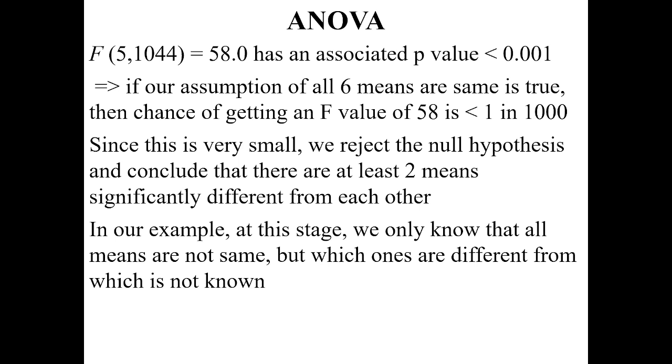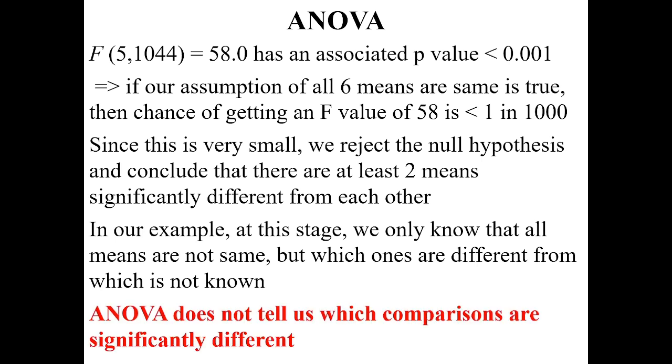So in our example, at this stage, we only know that all means are not the same, but which ones are different from which is not yet known. To make it clear, ANOVA does not tell us which comparisons are significantly different. It only tells whether all are the same or not. That's all.